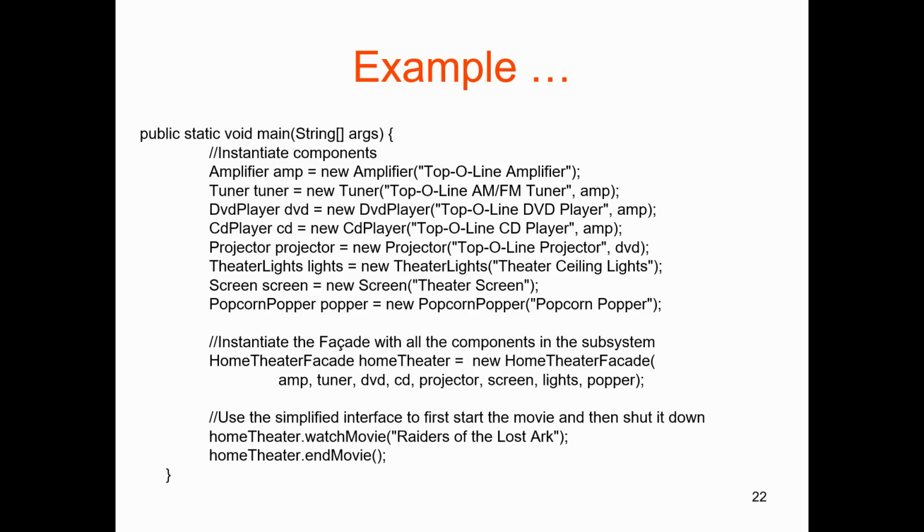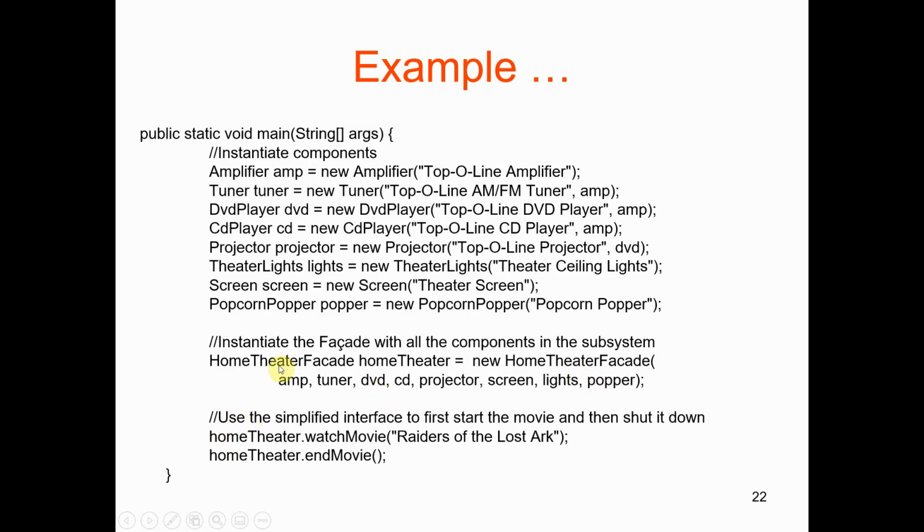The main program. And of course, in order to use the package, you still need to instantiate each object within the package, and then you instantiate the facade, and here you pass all the references to the facade, and then you can use it.